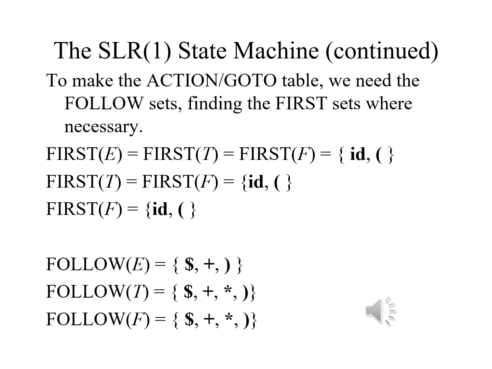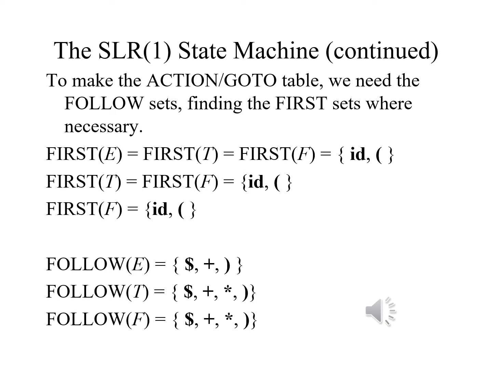Finding the follow sets is also fairly straightforward. E is on the right-hand side of three productions: S derives E dollar, E derives E plus T, and F derives parenthesis E close parenthesis. So its follow set includes the plus sign, the end of file marker, and the close parenthesis.